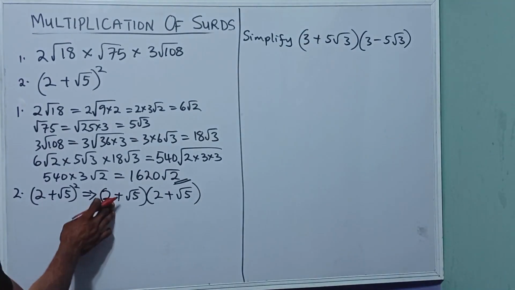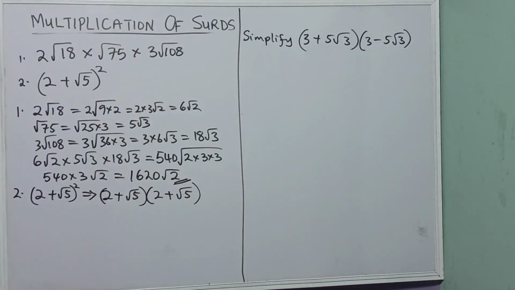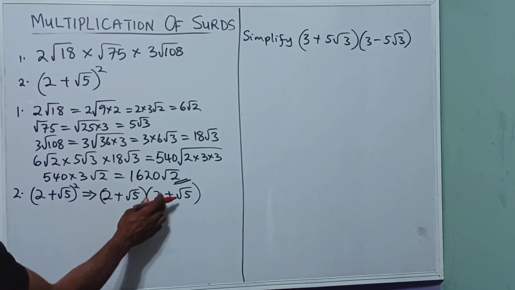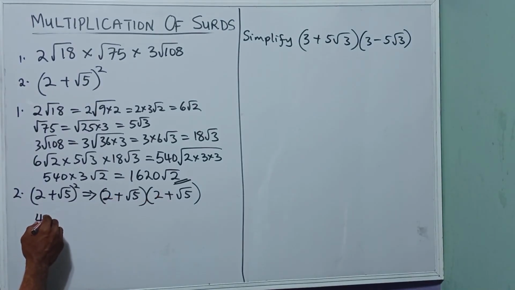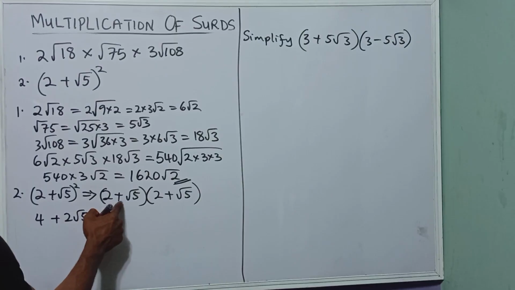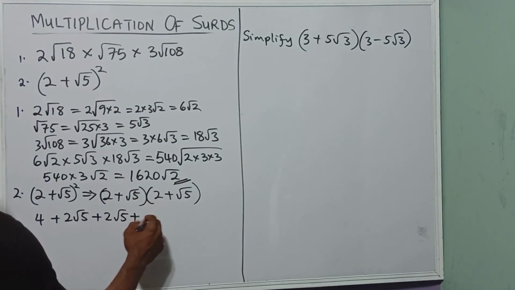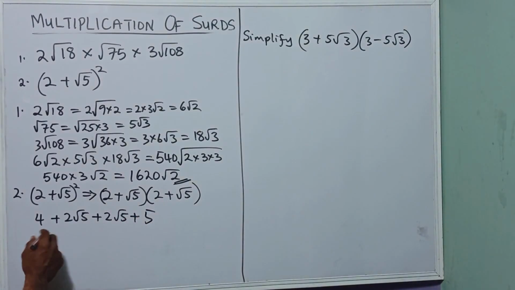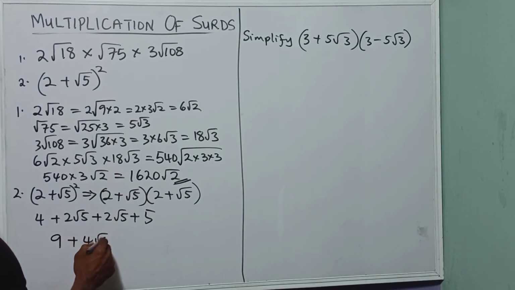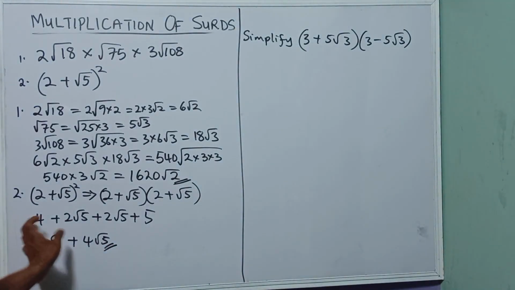Okay, now doing that, this becomes 2 times 2, 4, plus 2 root 5, plus 2 root 5, plus root 5 times root 5, which will give us 5. So here we have 4 plus 5 will give us 9 plus 4 root 5. So this gives us our answer as 9 plus 4 root 5.